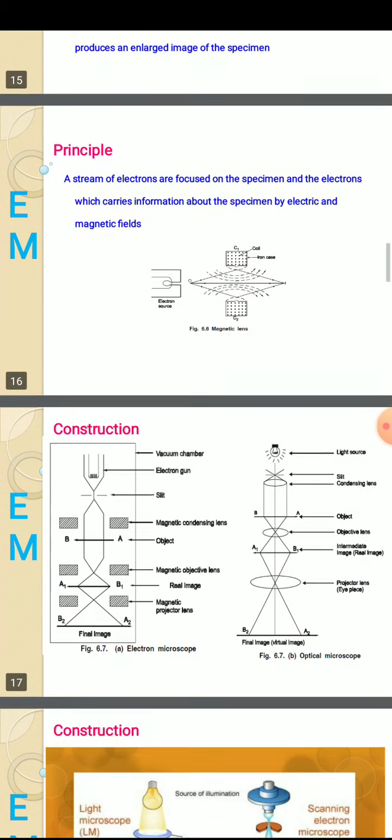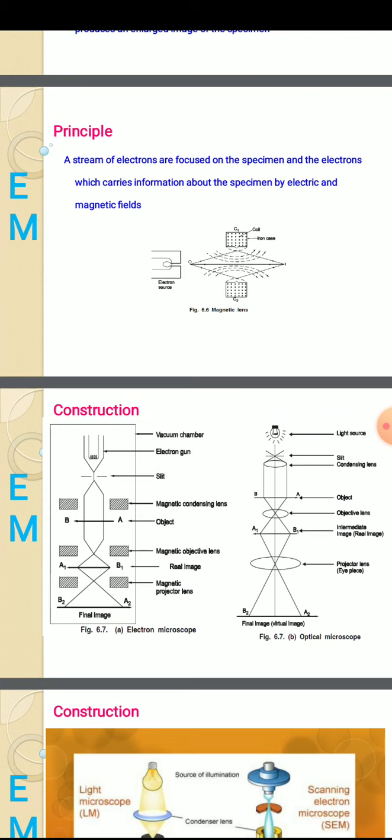Those electrons pass through the magnetic condensing lens. This magnetic condensing lens is used to converge the electrons. The converged electrons fall on the object AB. Next, the resulting image is received by the magnetic objective lens.